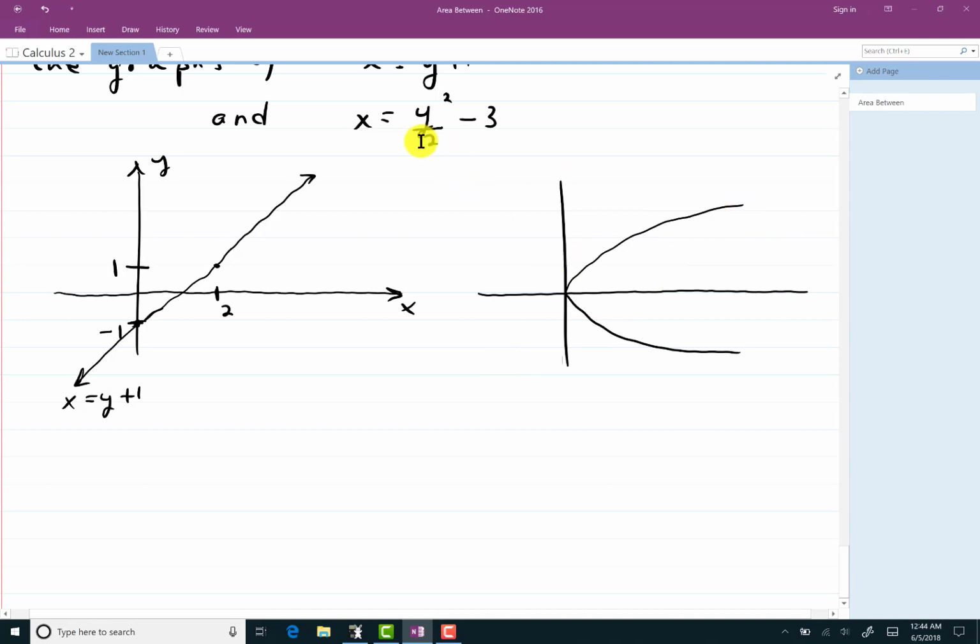Well, y squared over 2, as you may imagine, is simply going to take this graph and make it shorter. And then the minus 3, if this were a regular function, you would shift down 3, but in fact we have to shift sideways. So that means I'm going to shift to the left 3 units.